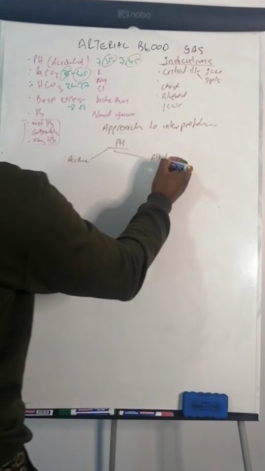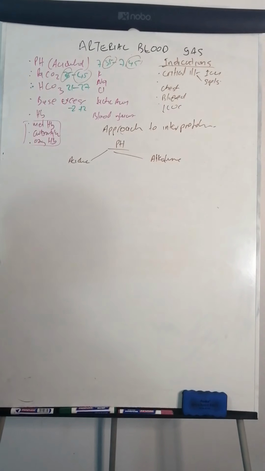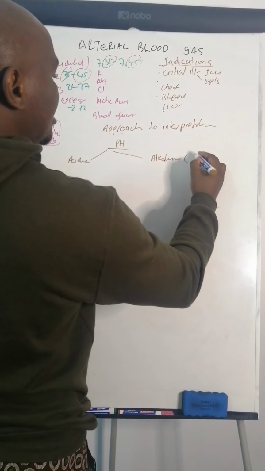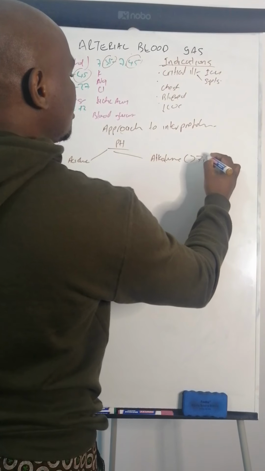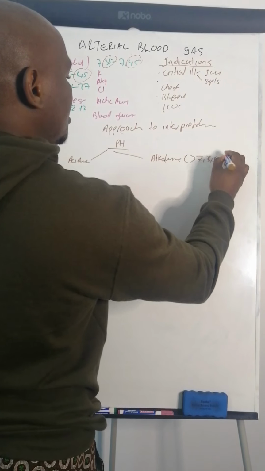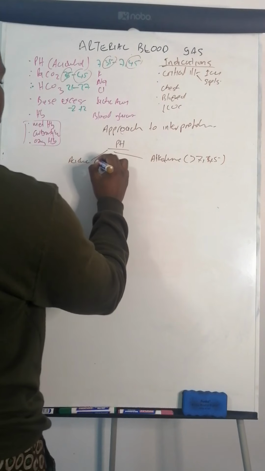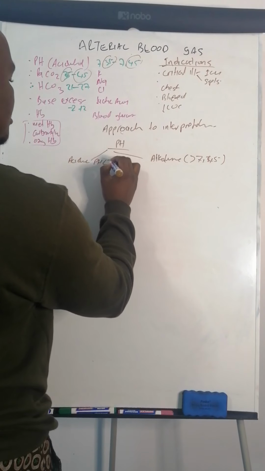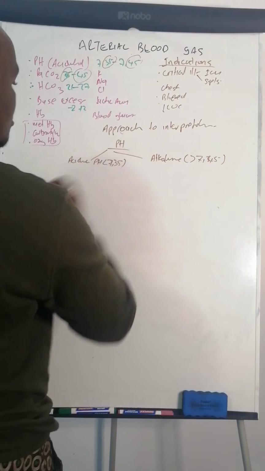Decide. You're going to look at the number, the pH value for the patient will show there. Which means now you're going to have a pH value here that is more than 7.45 and a pH here of less than 7.35.